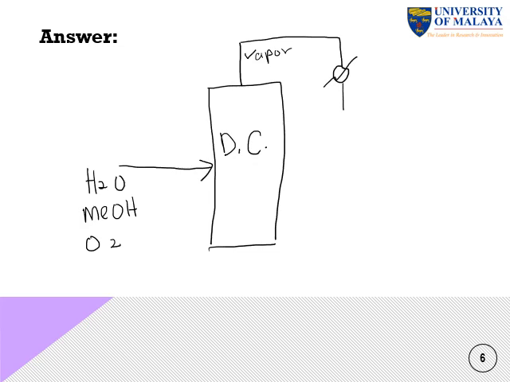Then because it's a partial condenser in this question, some of it will become vapor and some is liquid, meaning not all of the vapor will be condensed into liquid because it's only a partial condenser. It also says that part of the liquid is being returned back to the column and some is being withdrawn as a distillate product.